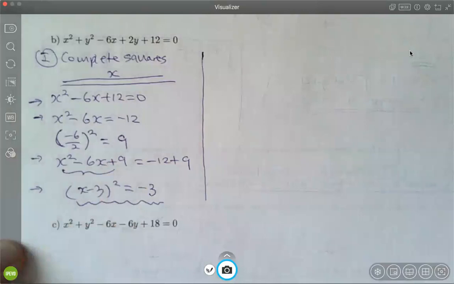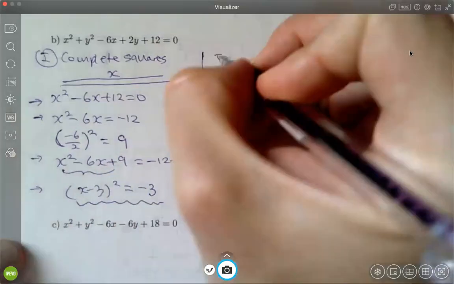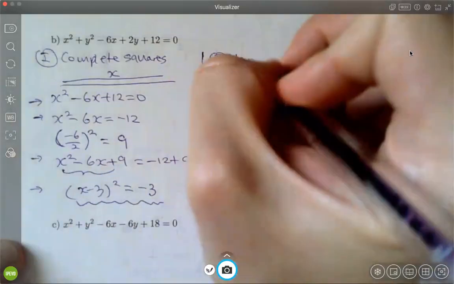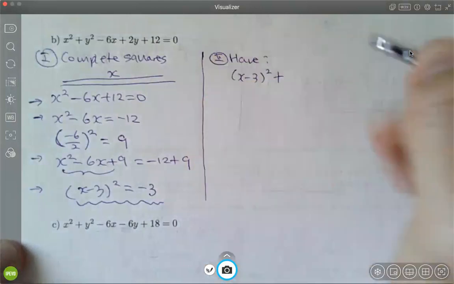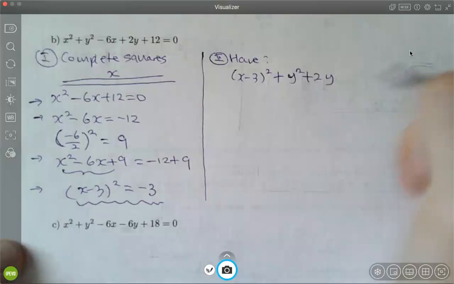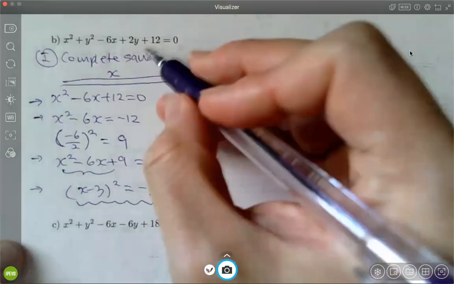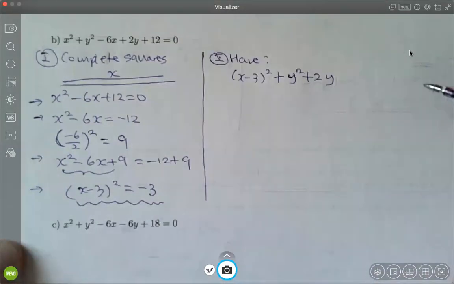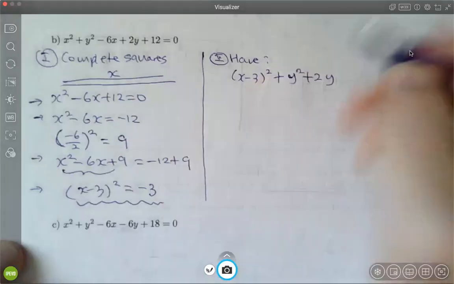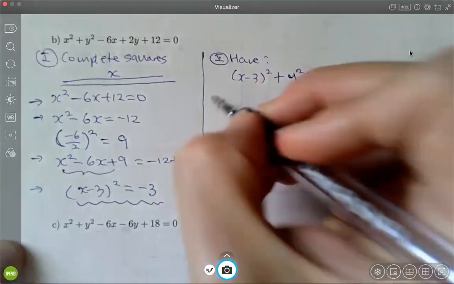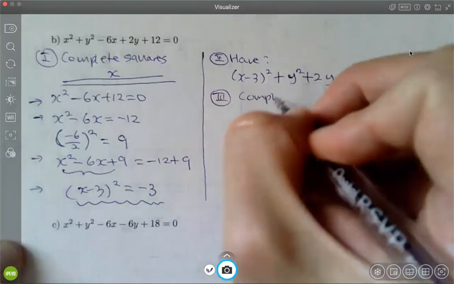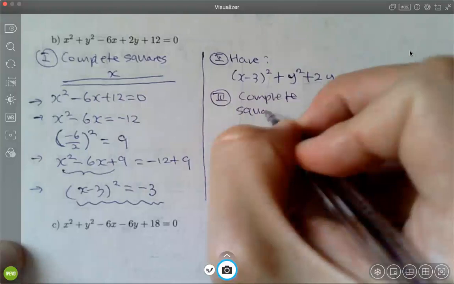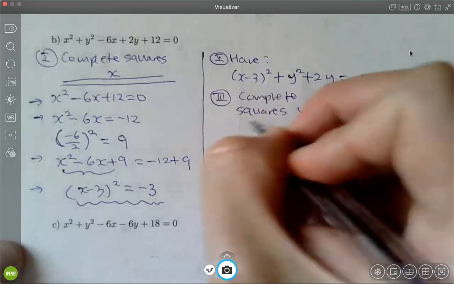And now, at this point, we have x minus 3 squared plus y squared plus 2y. And now, be careful, plus 12 is gone, right? Because we have changed that to -3, so it's equal to -3. And now we complete the squares for y. Okay, so that means we look at this part, right?